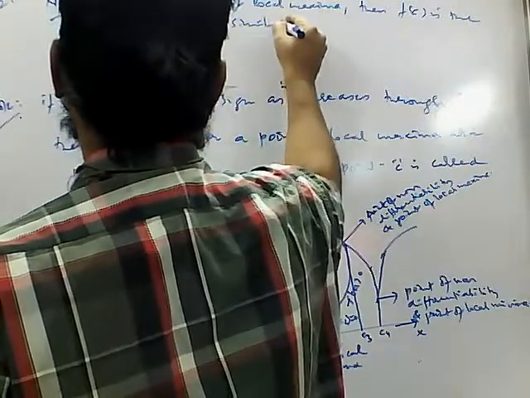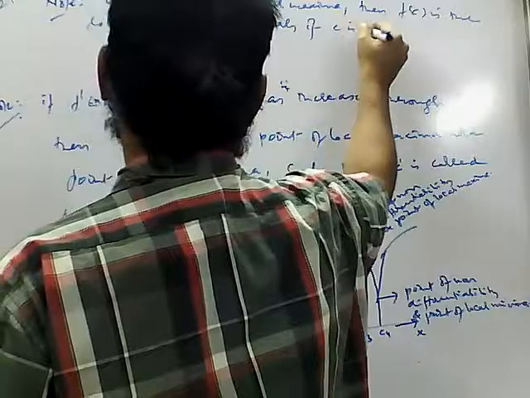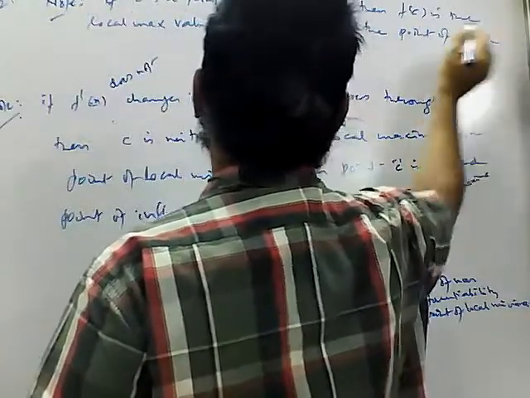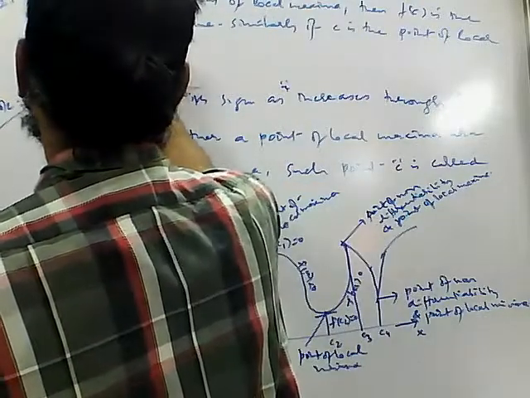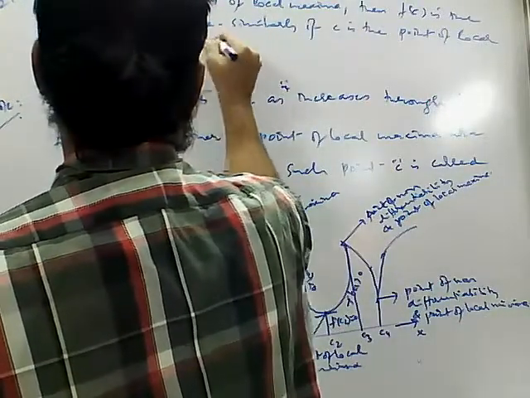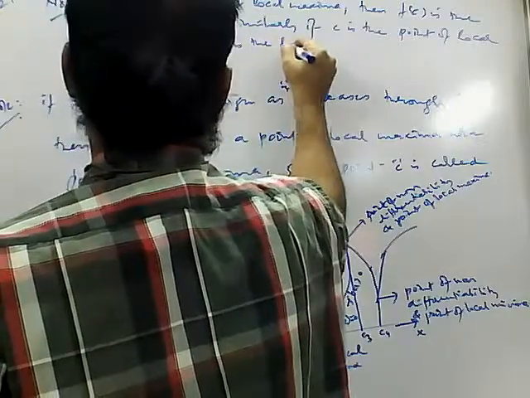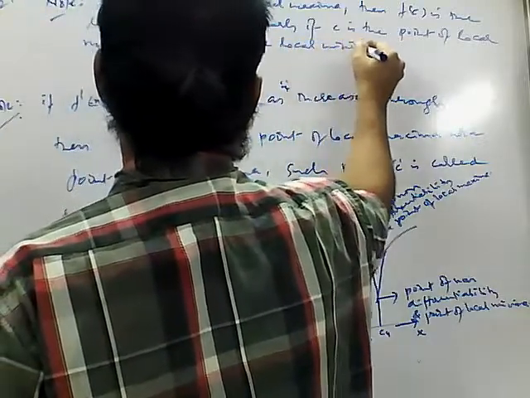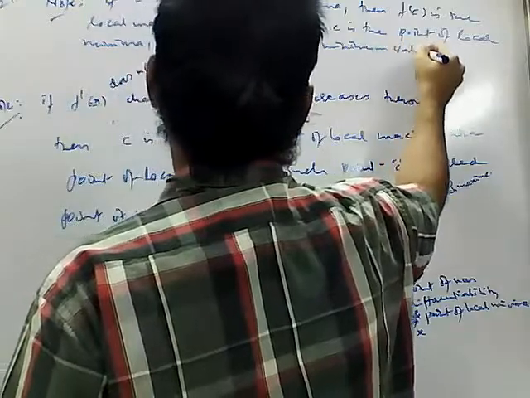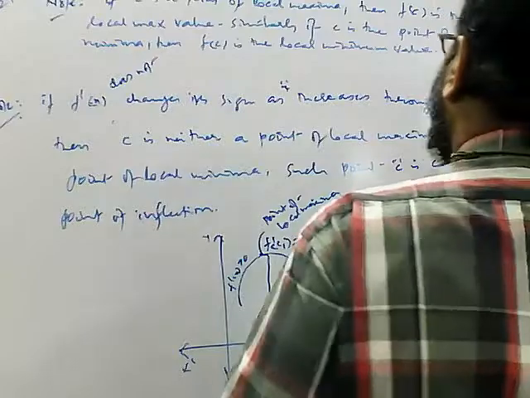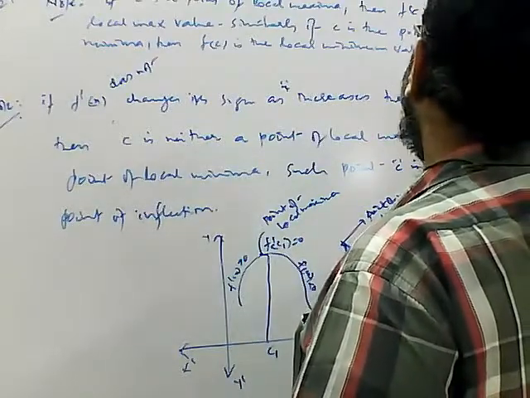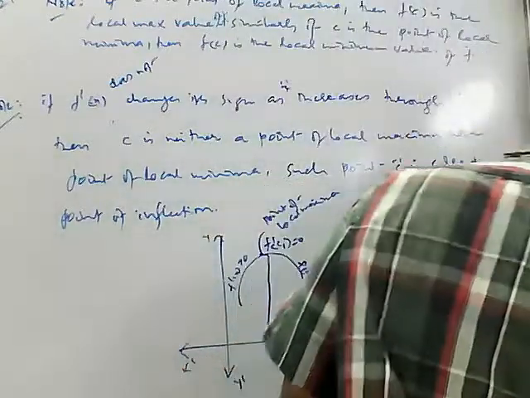Similarly, if C is the point of local minima, then f of C is the local minimum value of f.